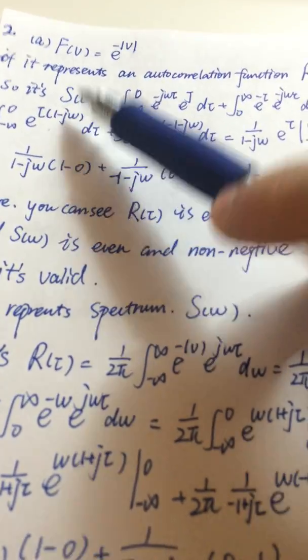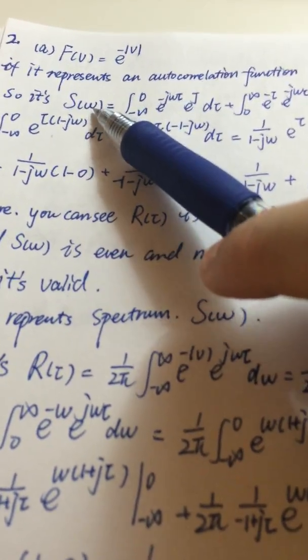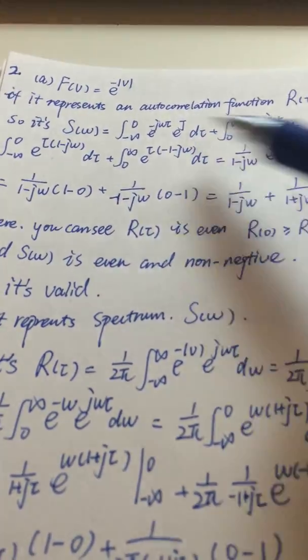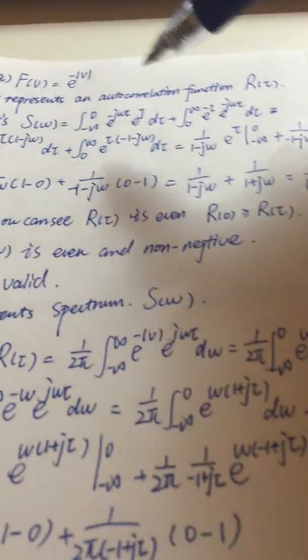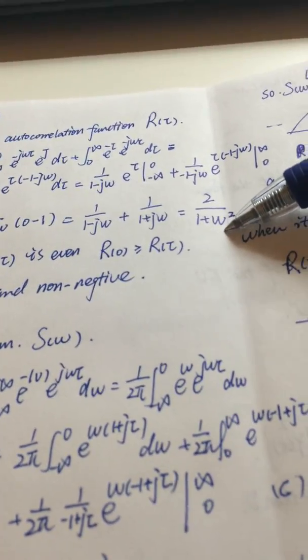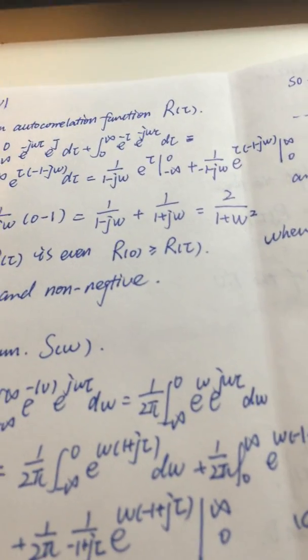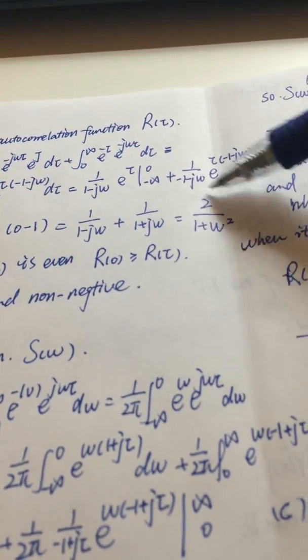So we use the Fourier transform formula and try to find the spectrum. This process is all about the Fourier transform, and we finally get this answer. And now we evaluate this.